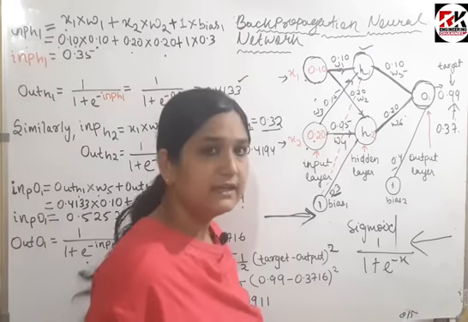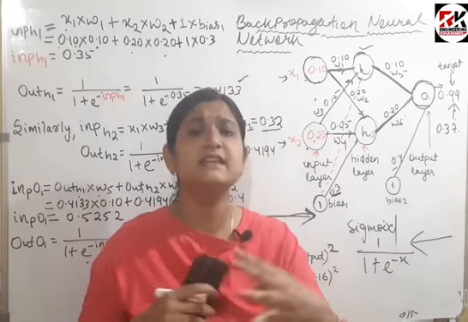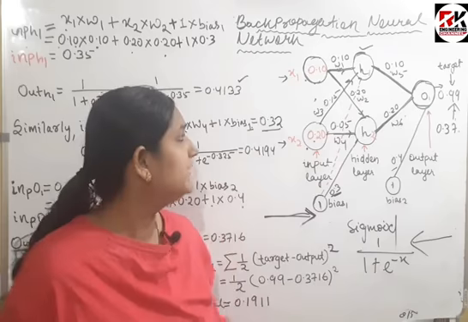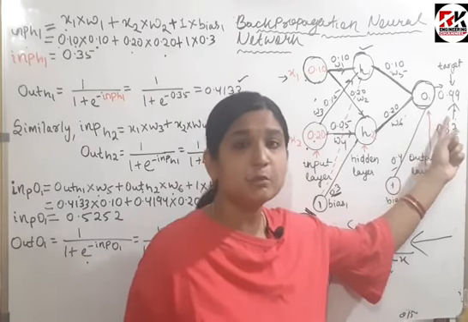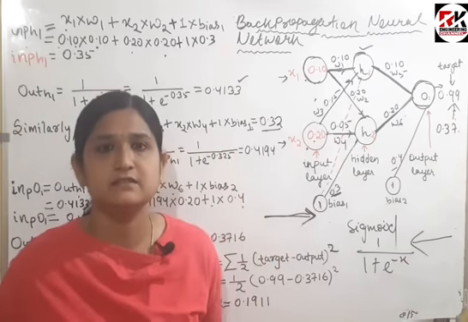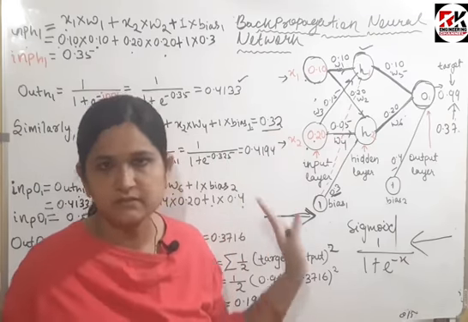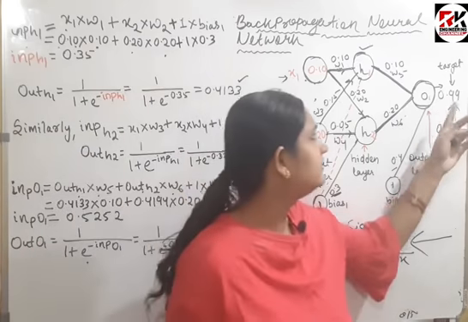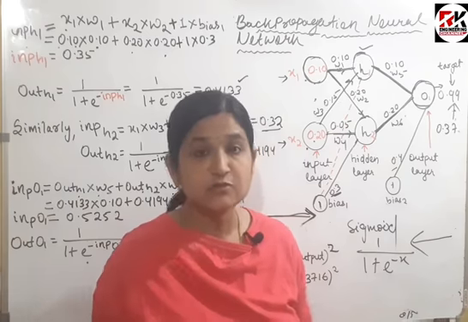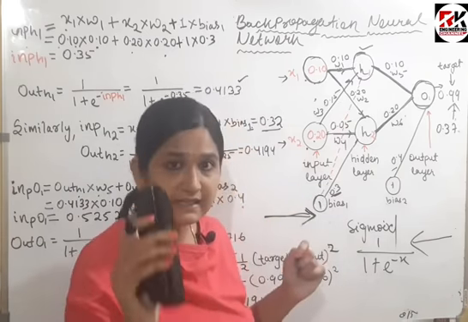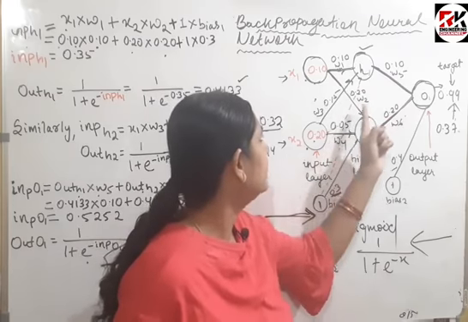So in this neural network, what can I change to get this 0.99 output and make the error 0? This is the input value, I cannot change it. This is the target value, I cannot change it. So what is left that I can change in this figure? The thing I can change is the weight values.